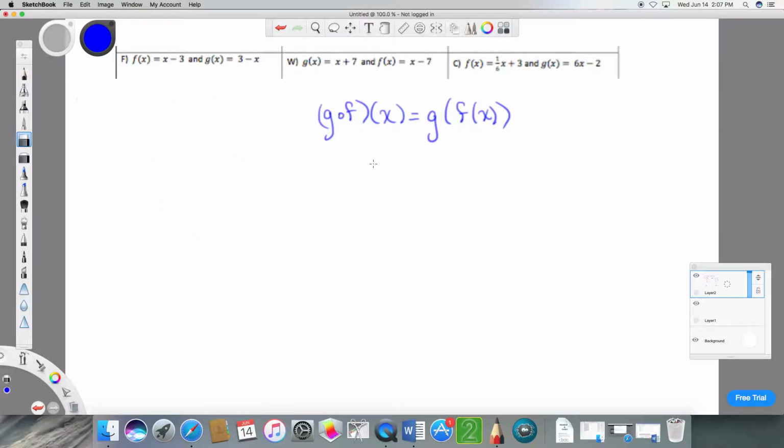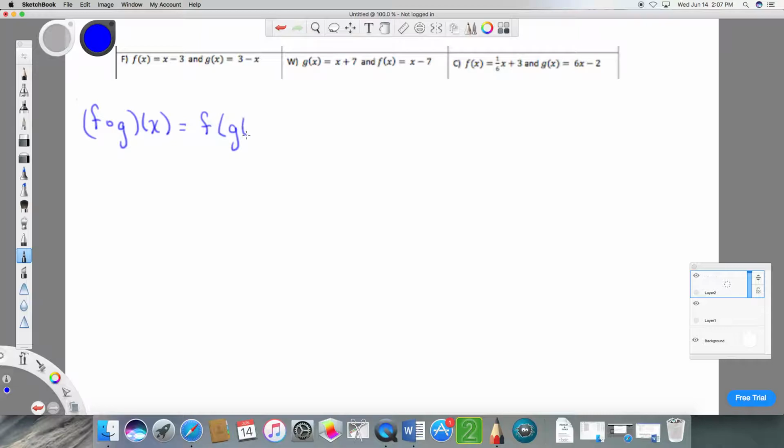We need to do the same thing for each of these other pairs. So in the middle here, we find f composed with g. g is the input of f.